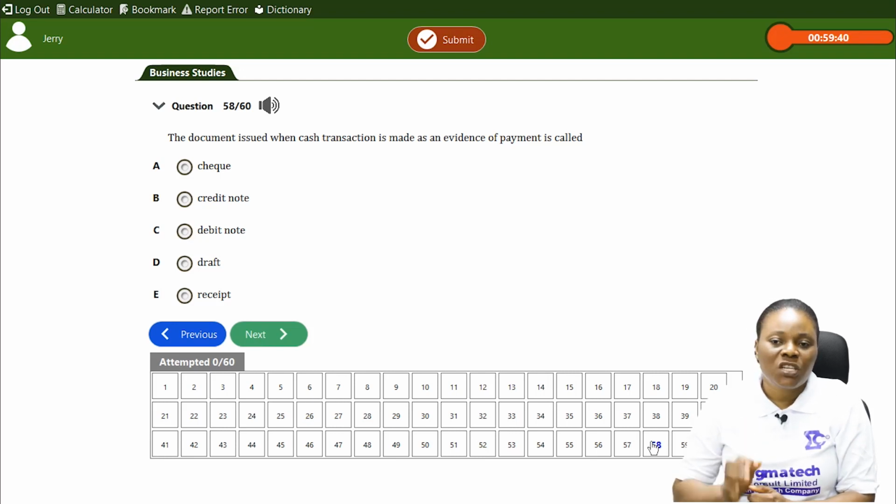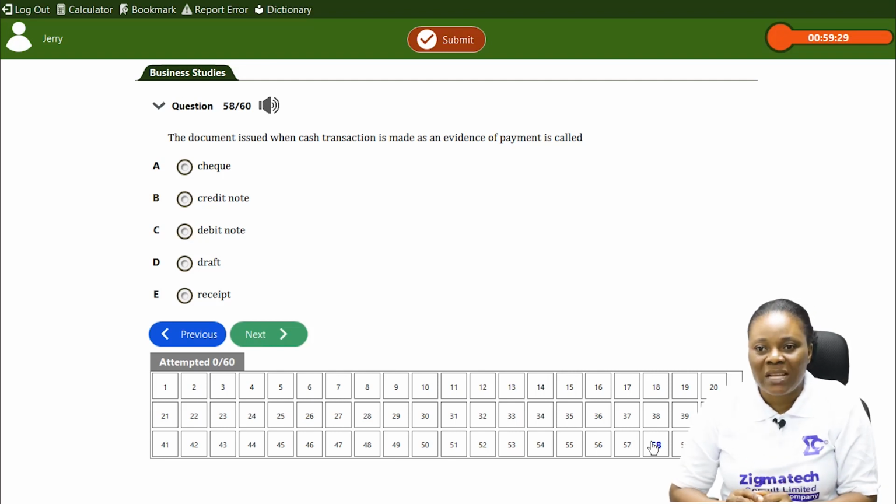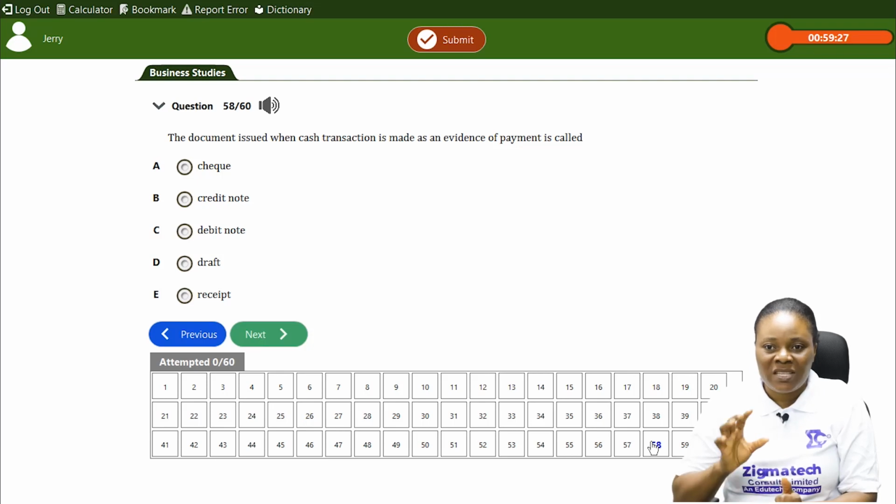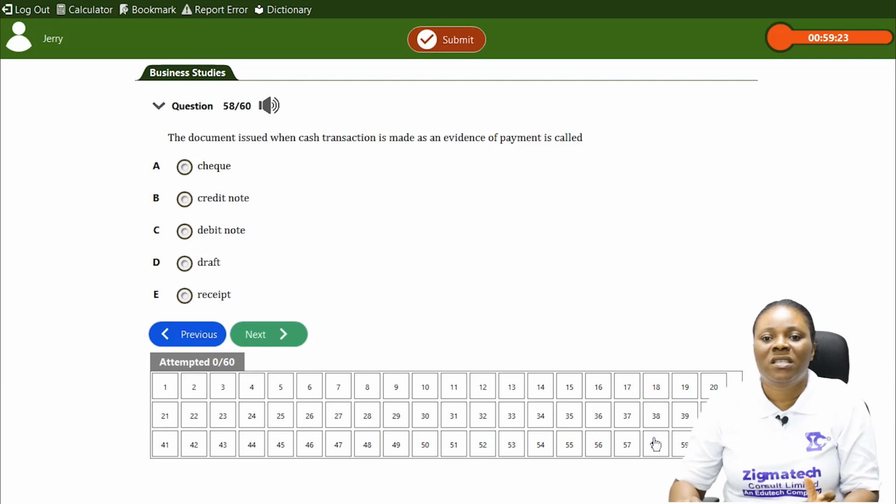This is almost the same as the last question we answered, but I deliberately brought this one so that you'll be sure of what that document is used for. Is it a check or a credit note or debit note or draft or receipt? The answer is receipt. Option E, receipt.